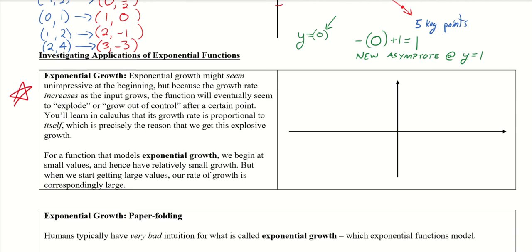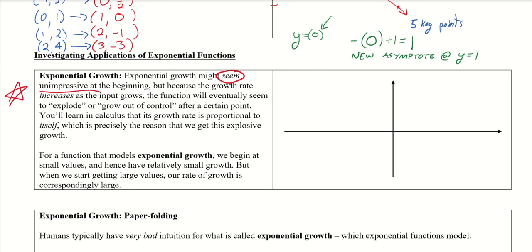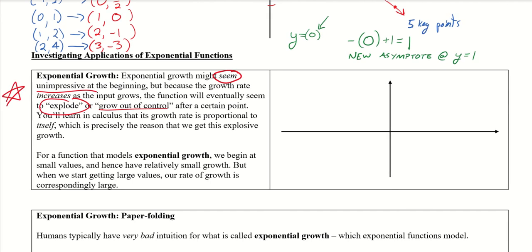So for exponential growth, it might actually seem to be unimpressive at the beginning, but because the growth rate increases as the input grows, the function will eventually seem to explode or grow out of control. This is something that is particularly surprising about exponential growth, and it's not something that really clicked for me until I had been studying exponential functions for a while.